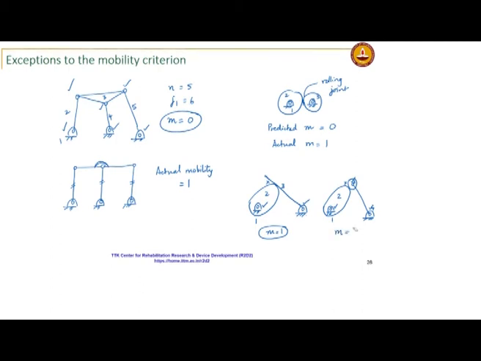I have n equal to 4, j1 equal to 3, j2 equal to 1, gives me a mobility of 2. Just plug it in, 9 minus 6 minus 1, I get a mobility of 2.